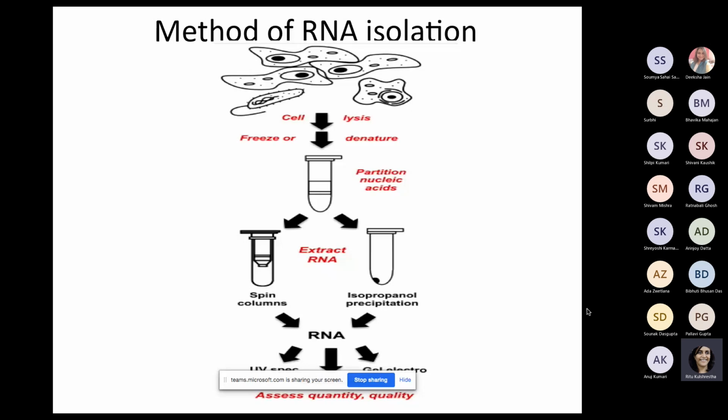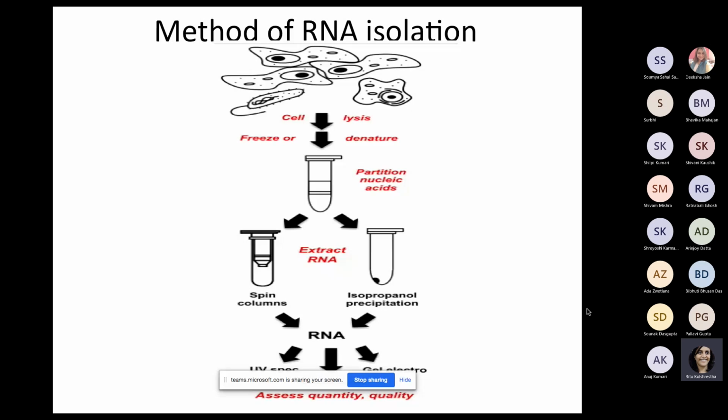And then you will dry your RNA, and then you will dissolve your RNA. Once you get your RNA, then you will take its OD. So, like in case of DNA, if you remember, 1 OD was equivalent to 50 microgram of DNA. And in case of RNA, 1 OD was equivalent to 40. So these are the major differences.